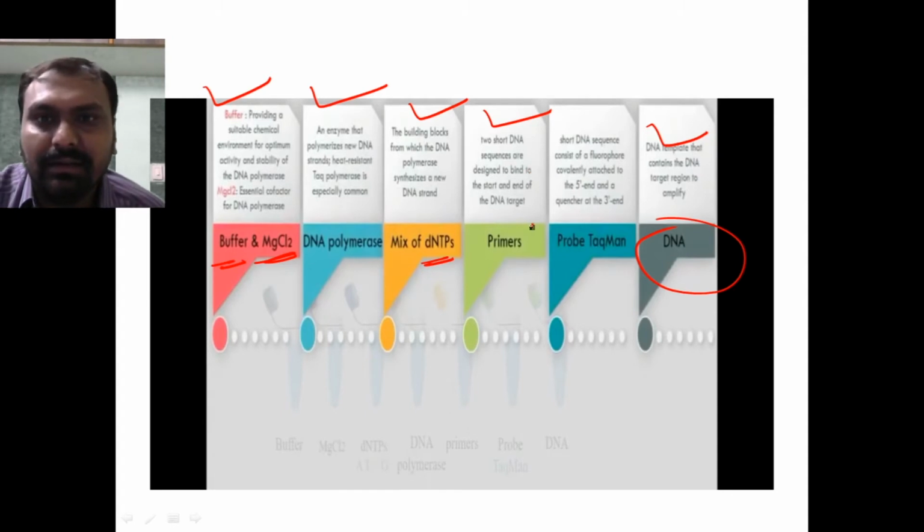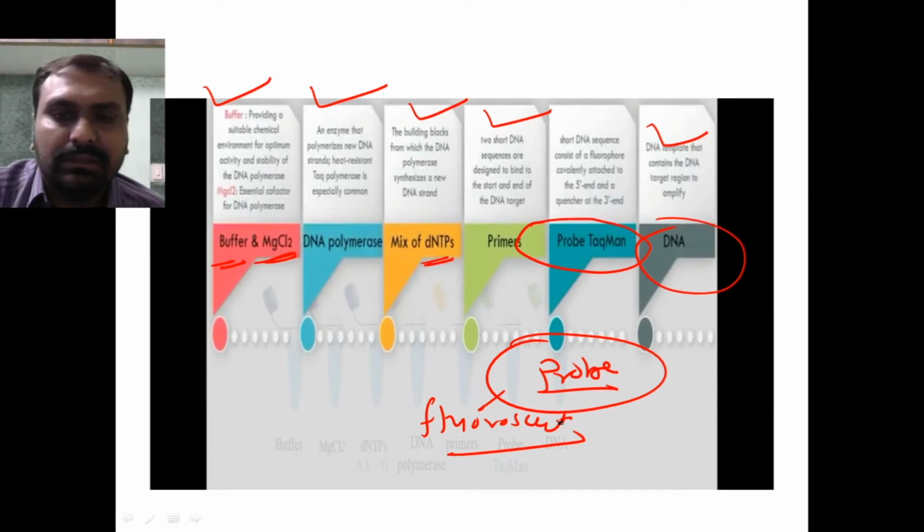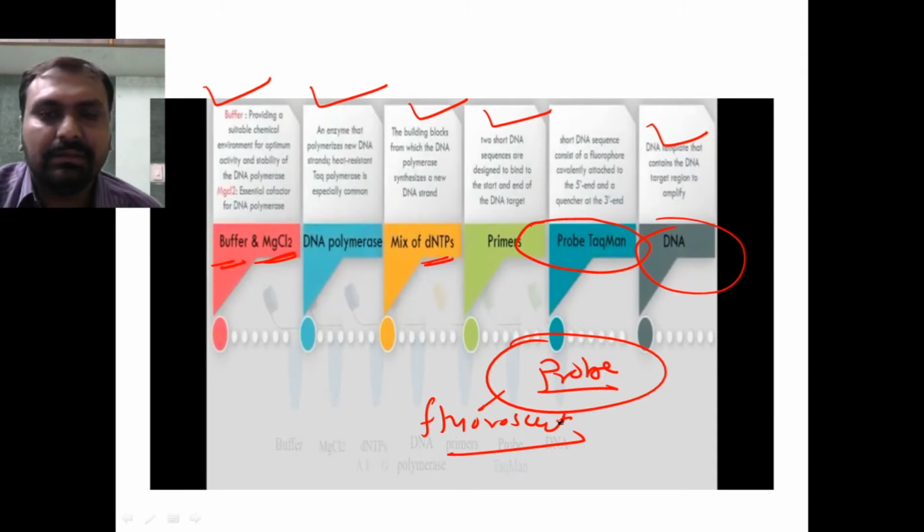But here additionally TaqMan probes are added, which are labeled with a fluorescent dye. Whenever DNA amplification occurs, these probes are lysed and they signal the fluorescence. As more and more amplification occurs, more and more fluorescence signal is produced.